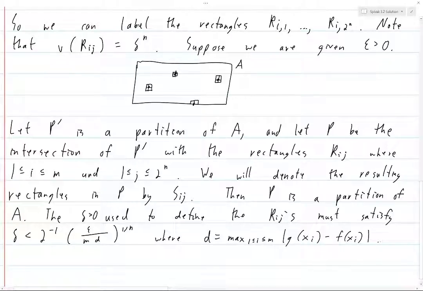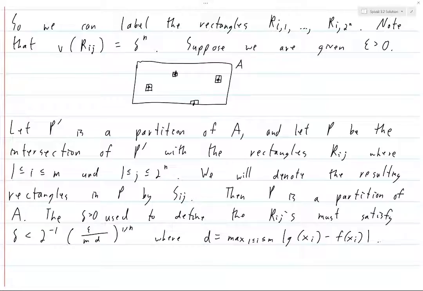So let's go back a little bit then and figure out what does P actually look like. Well, we take a partition P prime, and then we consider all these other rectangles, and we want these subrectangles to be contained in our new partition.